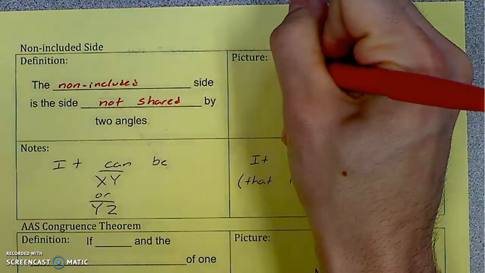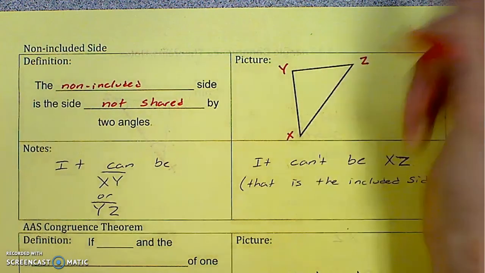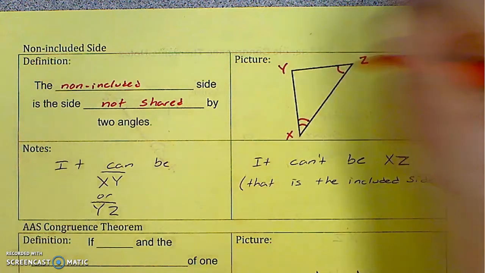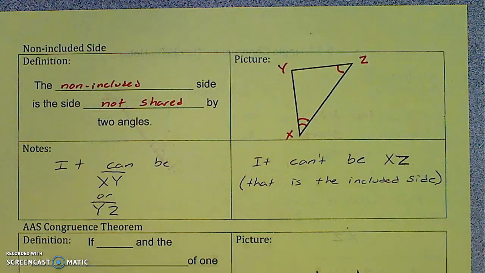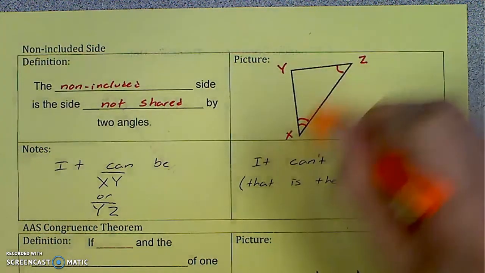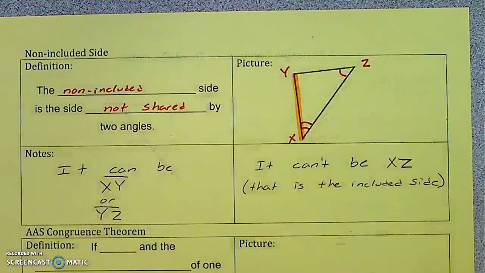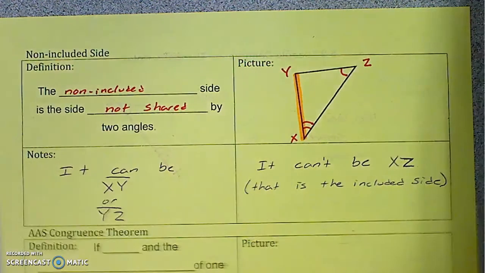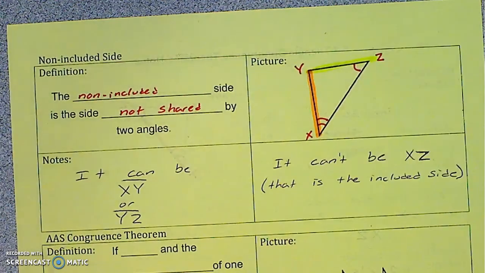We've got Y, X, Z. If I'm using X and Z, then the one that is shared is this one, but I don't want that one. Therefore, it can be XY or YZ.